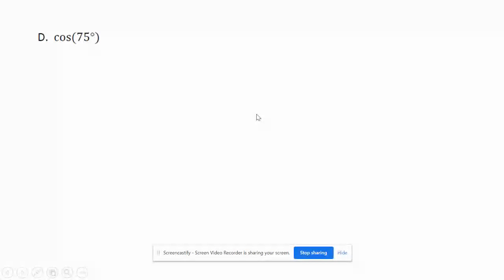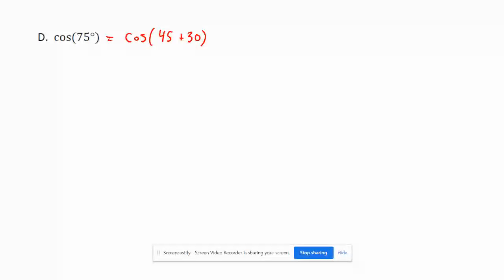Now, what we're looking at here is 75 degrees, and unfortunately, 75 degrees is not on our unit circle. Something that you may recognize here is that 75 degrees is equal to cos 45 plus 30 degrees.